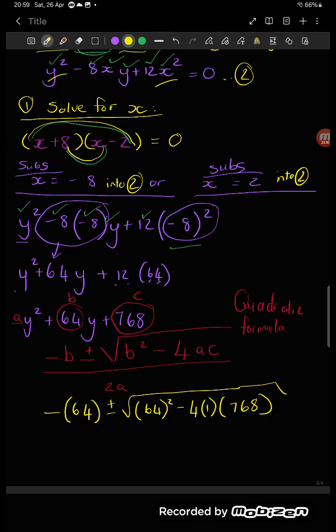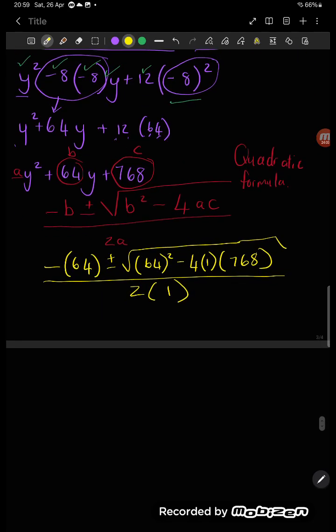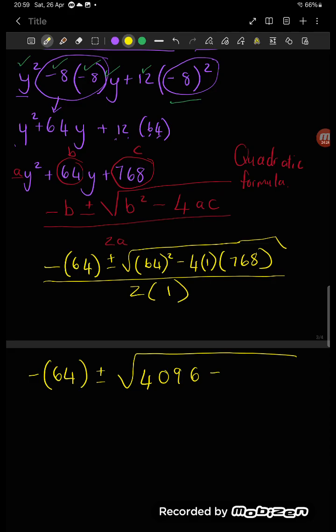Calculator: 64 times 64 equals 4096. Okay, that's looking good. 2 times 1. So now that we've substituted everything, you can throw that all onto your calculator. I'm going to have minus 64 plus minus the square root of 4096 minus, now we're going to go 4 times 768.